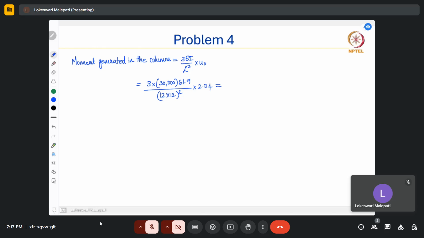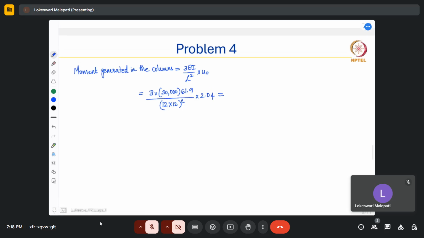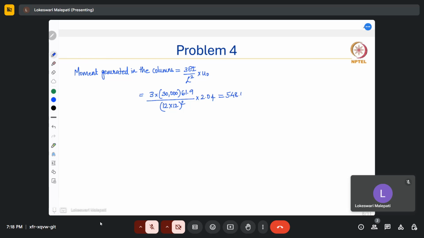So that would be 548.07 kip-inch. This is the moment that is generated.